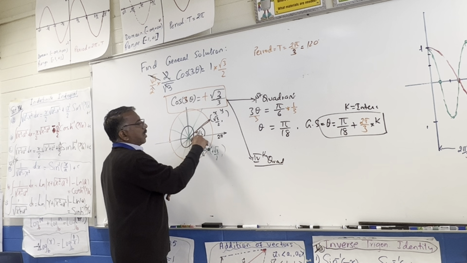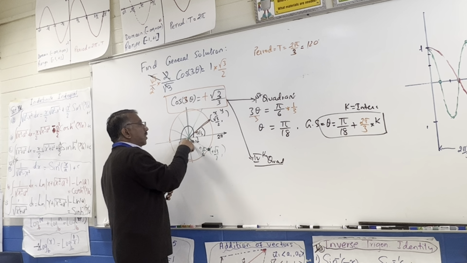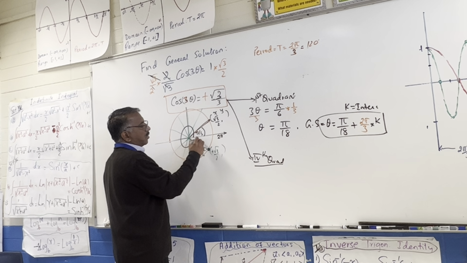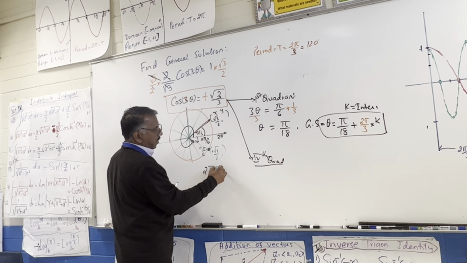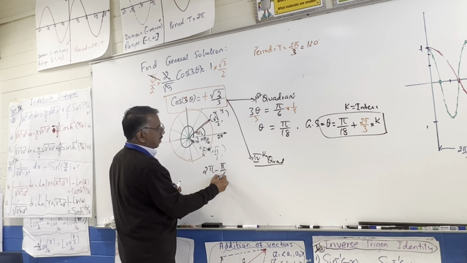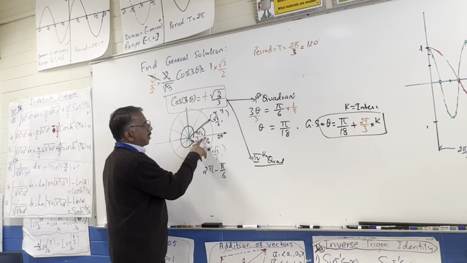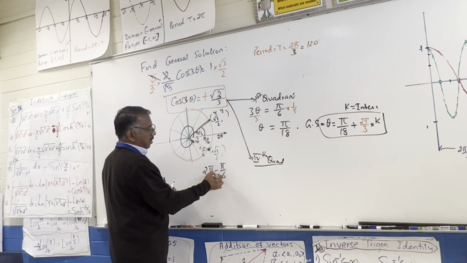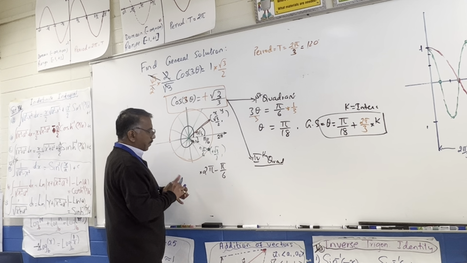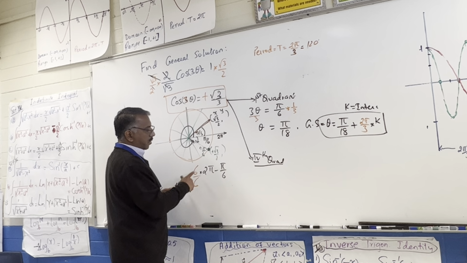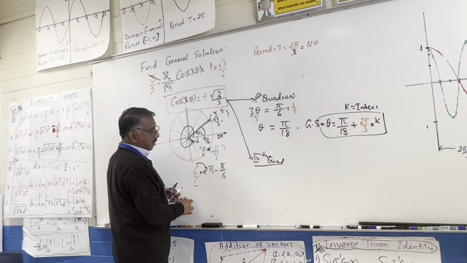Since 6 times 2 is 12, minus 1 is 11 pi by 6.